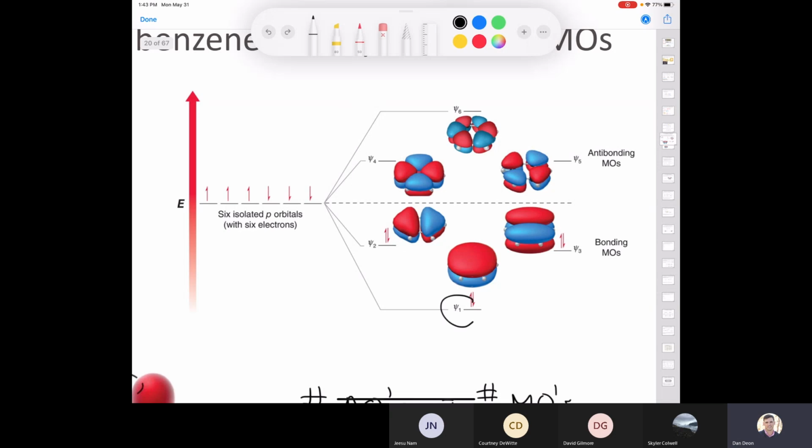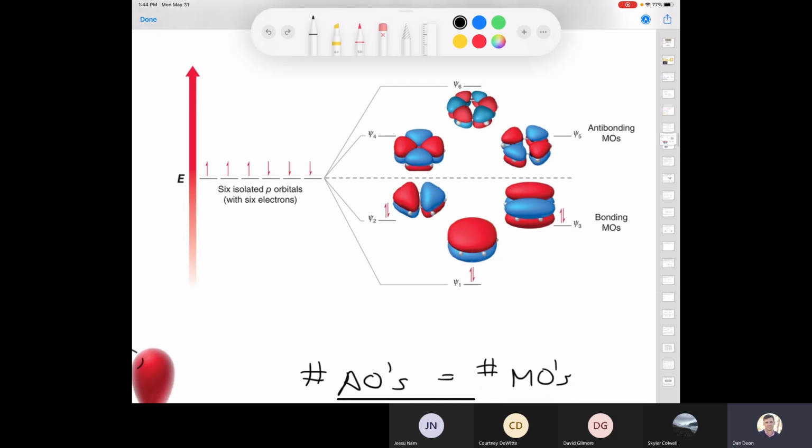You can see that they're labeled Psi1, Psi2, Psi3, Psi4, Psi5, Psi6. Remember, Psi1 has 0 nodes, Psi2 has 1 node, Psi3 has 2 nodes, and you keep working your way up, all the way to Psi6, which has 5 nodes.